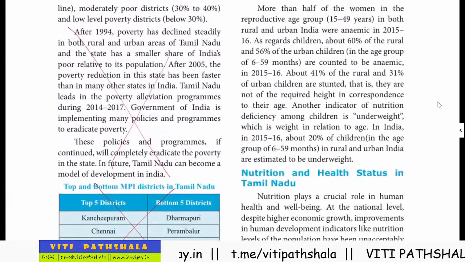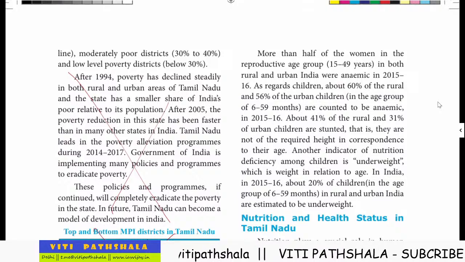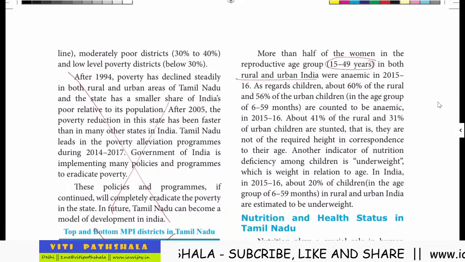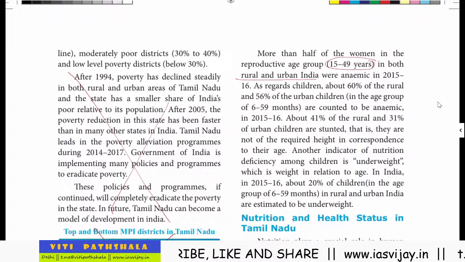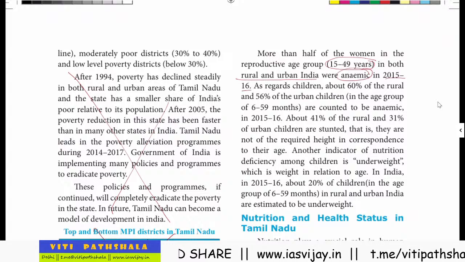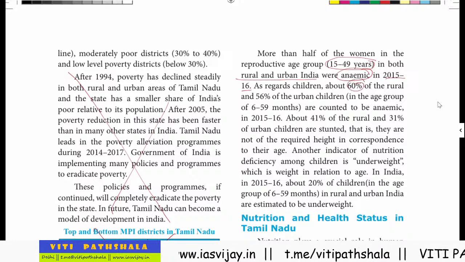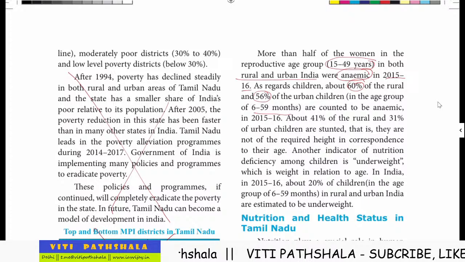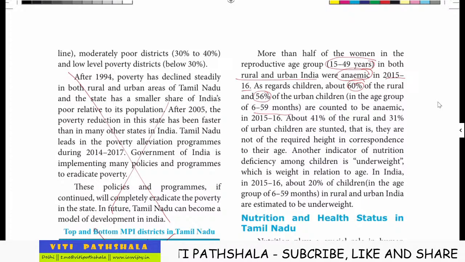More than half of the women in the reproductive age, that is 15 to 49 years, in both rural and urban India were anemic in 2015-16. As regards children, about 60% of the rural and 56% of the urban children in the age group 6 to 59 months are counted as anemic.